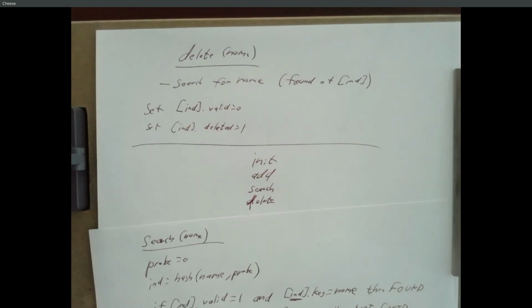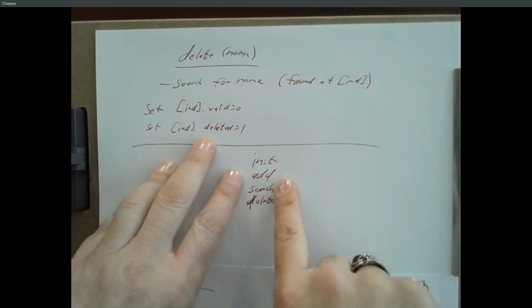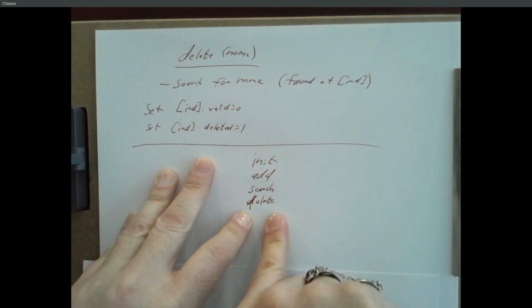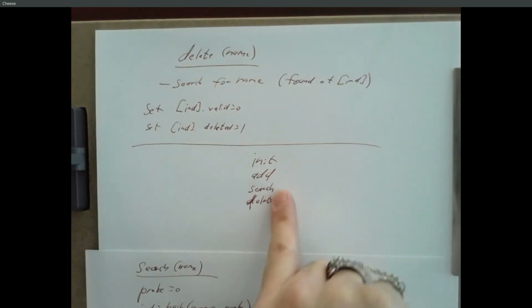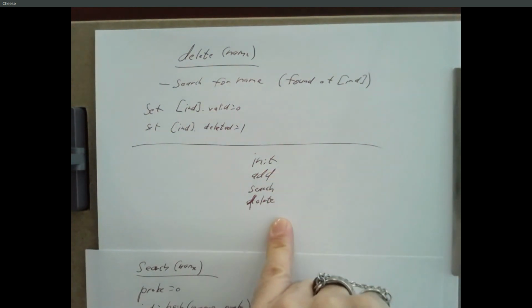The user never calls the hash function. The user doesn't know anything about probes. The user doesn't know anything about collisions or valid flags or deleted flags. The user knows initialize, add, search, delete. That's their interface to all of this stuff. So your main program, if you write a main program to work with hashes, is just going to use these 4 functions.